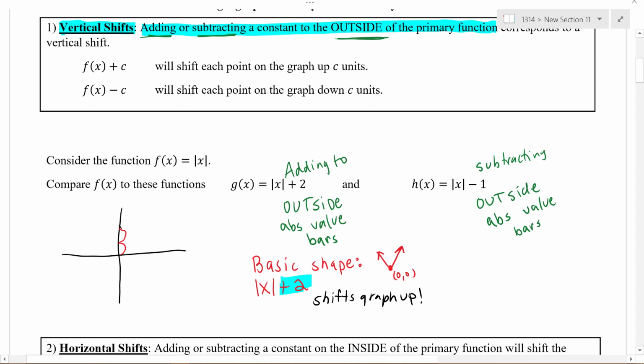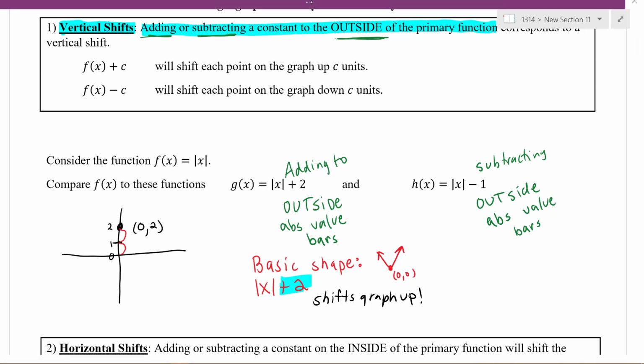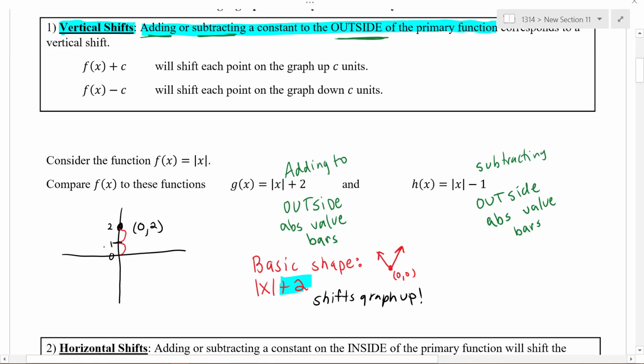And what you want to be able to do then is label what that point now would be. So the x value is still 0, the y value has moved up from 0 to 1 to 2, so 0, 2. Plot that newly shifted origin point, and then draw the basic shape from there.